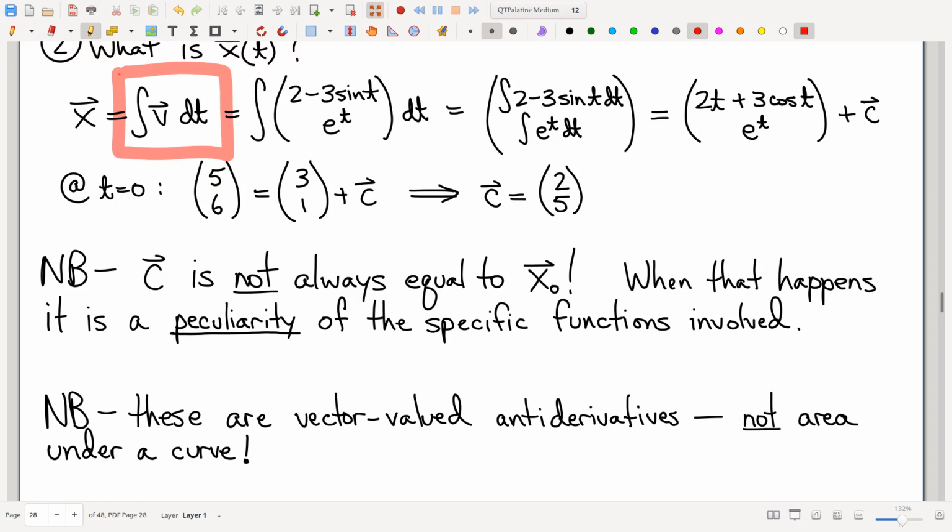Now, yes, there is a beautiful theorem that shows this tremendously strong relationship between antiderivatives and integrals. Yeah, absolutely. Fundamental theorem of calculus. Big fan, right? Absolutely. But all the more reason to distinguish these two things.